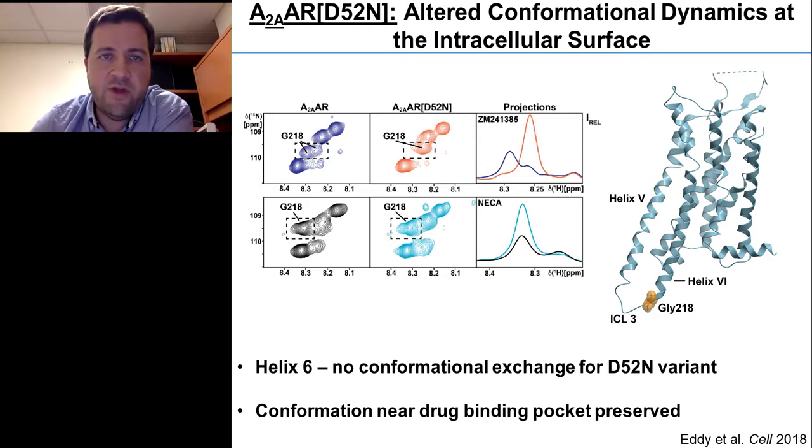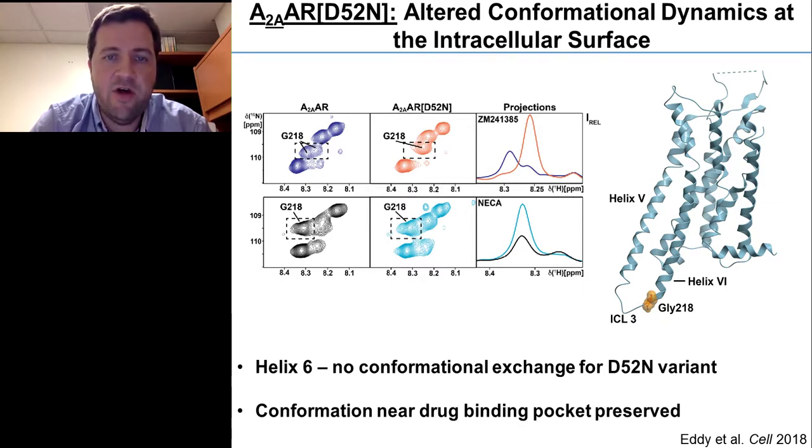And this data is also recapitulated for glycine 218, which is located on the intracellular surface, where we see large changes between the native protein and variant protein for the same ligand complexes. Again, the colors of the spectra are the same, and the boxes indicate projections around the signal.